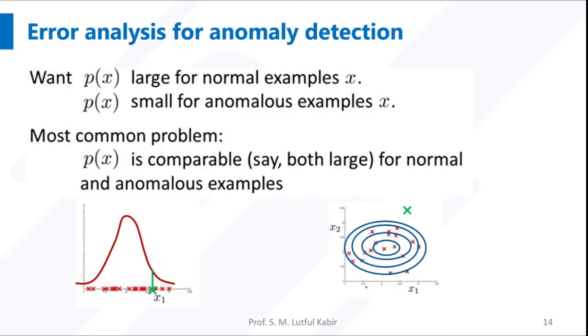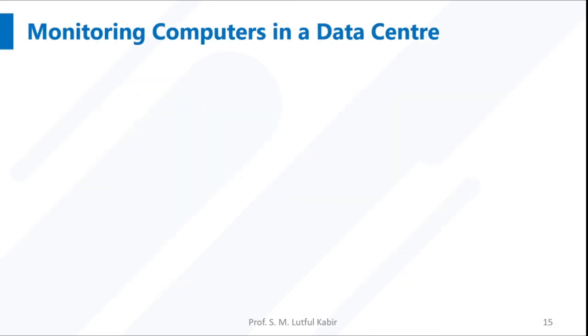So by adding a new feature, you can correctly determine whether the case is normal or anomalous. This is one technique: when your output is comparable, you add some meaningful feature to your detection problem.